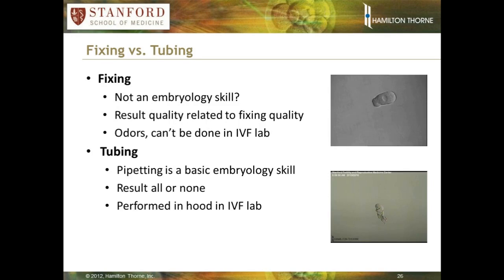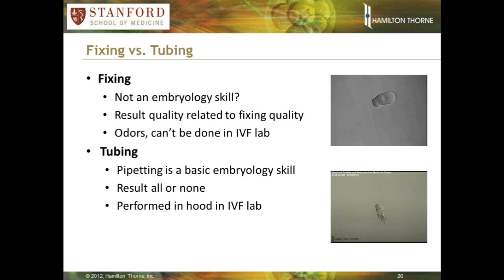So we are moving, as I mentioned before, to the era of molecular genetic results and no longer relying on FISH. And I thought I would just put one slide in here to address, for those of you who still may be doing FISH, even with trophectoderm biopsies, which is how I started. Fixing trophectoderm cells or blastomeres is not a standard embryology skill.